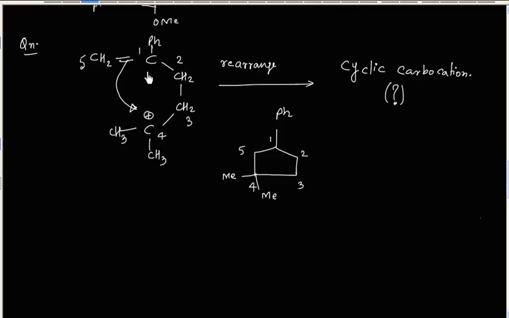And carbon number 1 will also have a positive charge because there is a loss of one bond. Carbon number 4 and 5 are connected. So finally we are generating a 3 degree carbocation. And this carbocation is also resonance stabilized by the benzene ring. So this is a very stable carbocation.